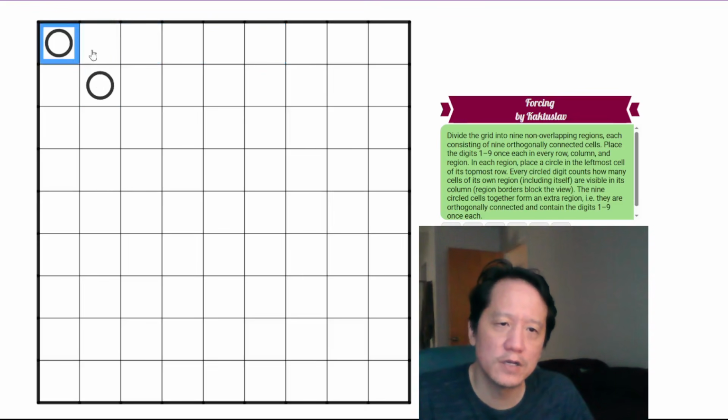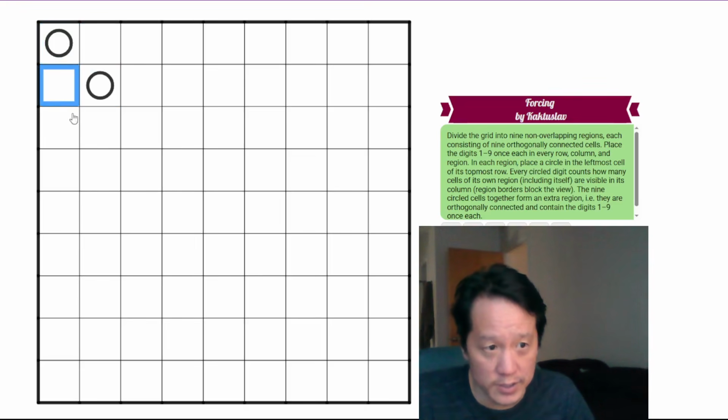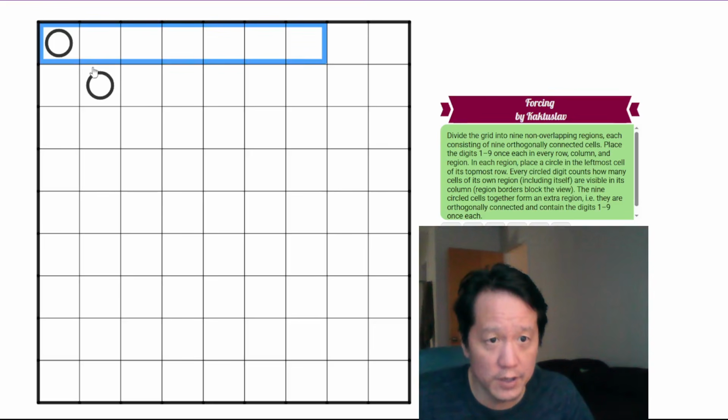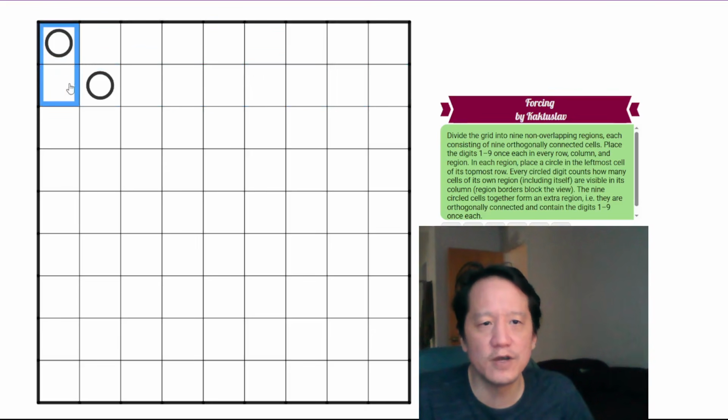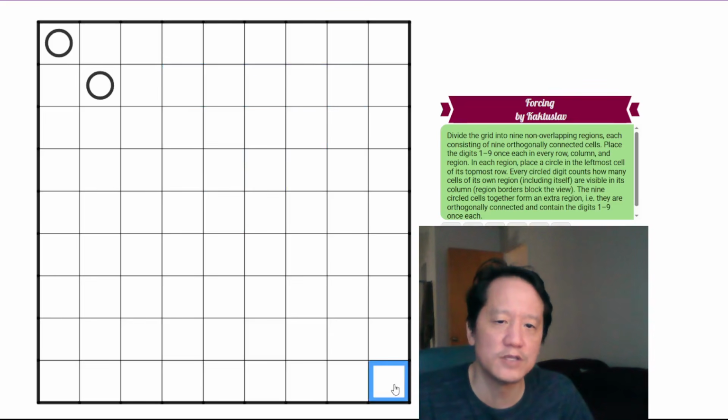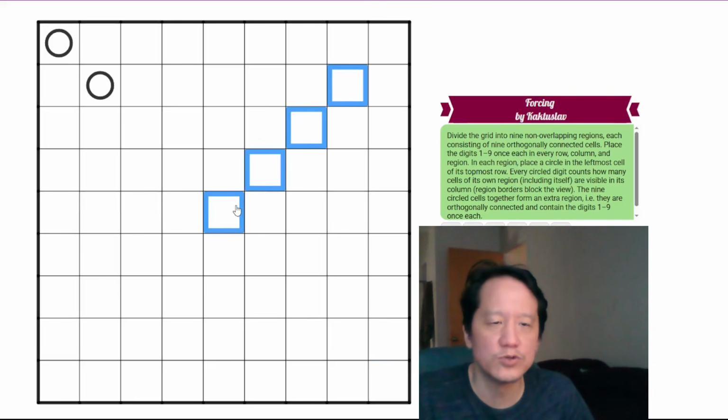be connecting this way. So this can't be going to here because this would be 1. This would have to go here because there's no other circles, because you have to use all 9 circles to connect to one of these cells here so that they can connect to the bottom right as a region.